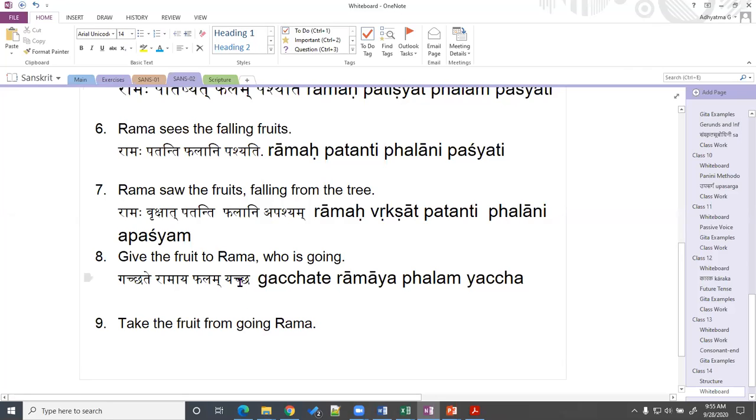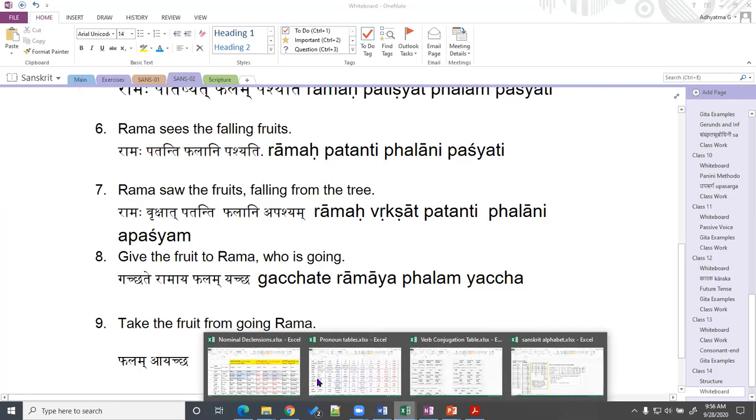So yacha is for giving, and for taking, if you use ayacha, then it becomes taking. So phalam ayacha, take the fruit from Rama.